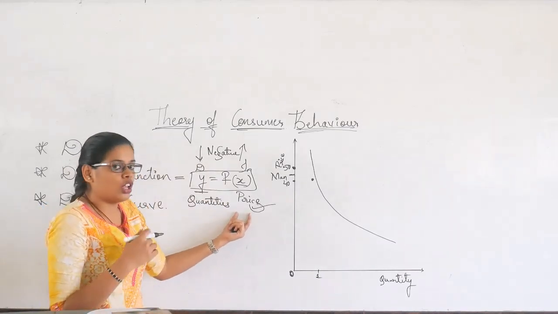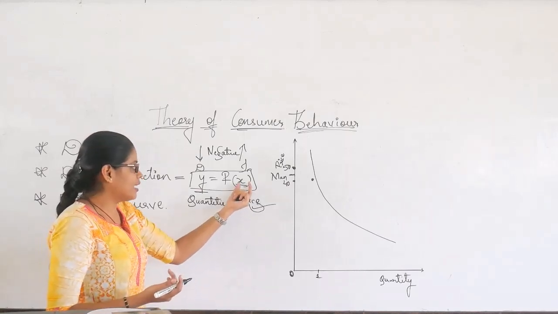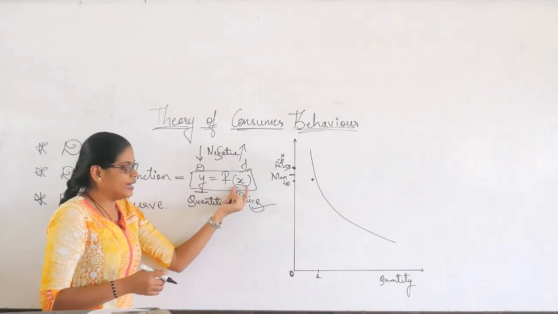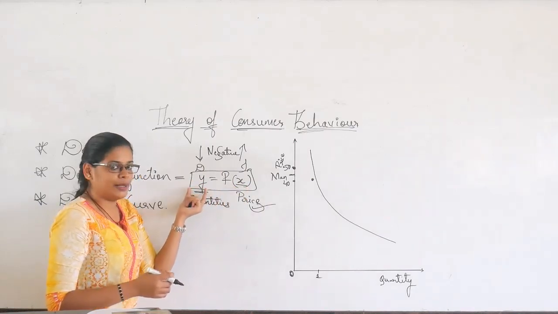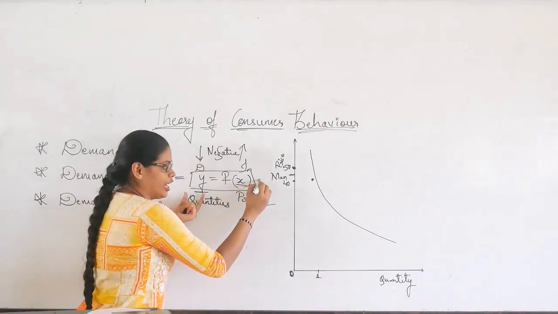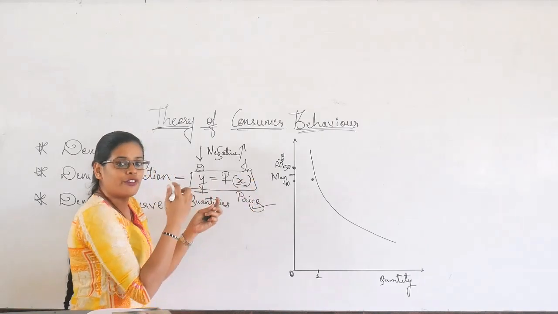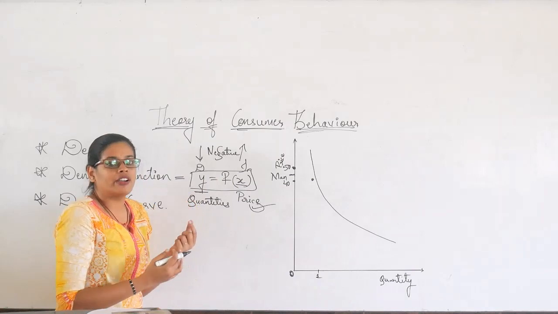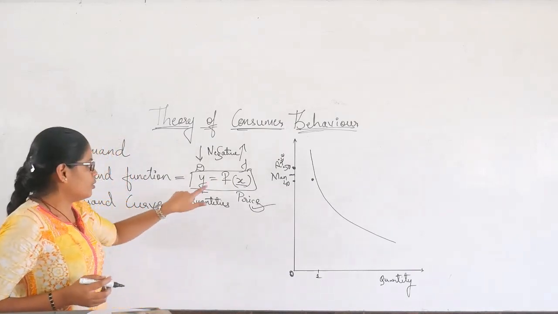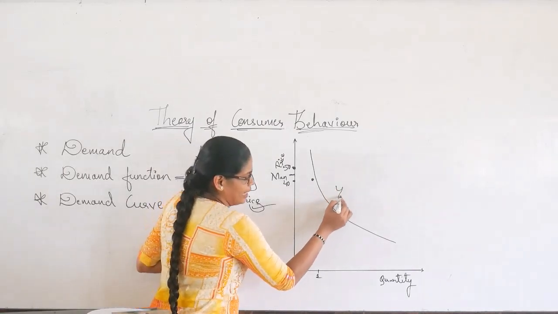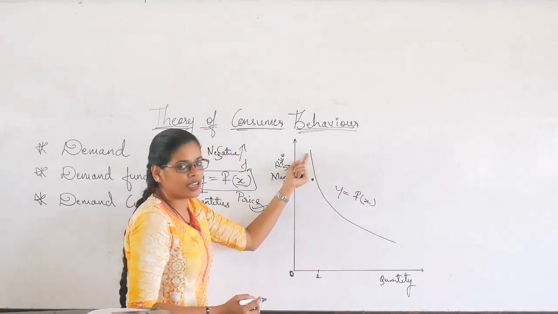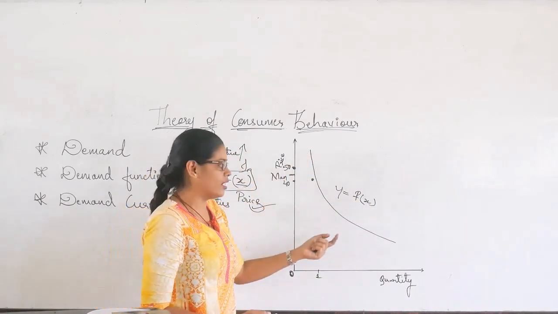So that's the reason this equation has a negative relationship between the two. It always defines x as the independent variable and y as the dependent one. For each value of x, we get a unique value of y. So this y equals f of x helps us derive the demand curve.